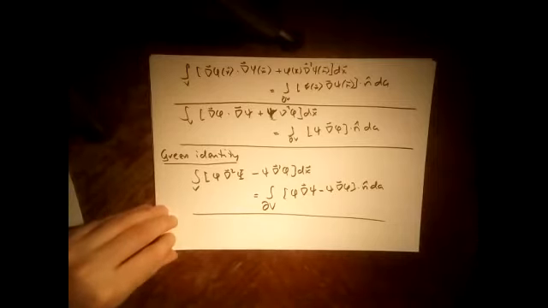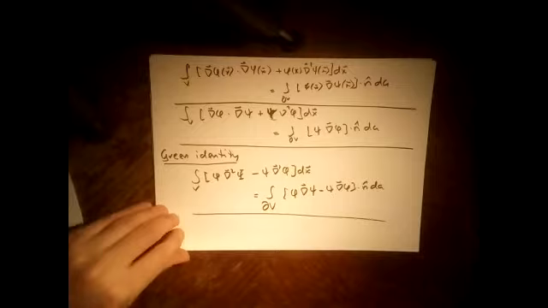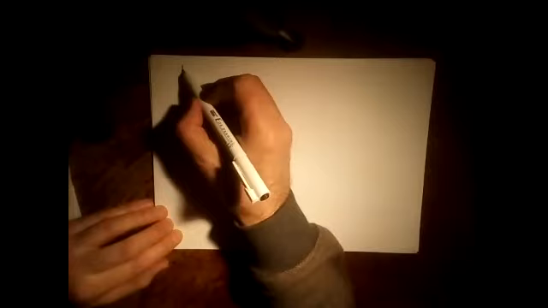Okay, now what we're going to do is use this identity to derive a relation between the Green's function and the potential. First of all, I'm going to switch to primed variables.